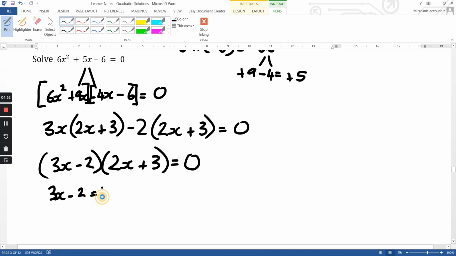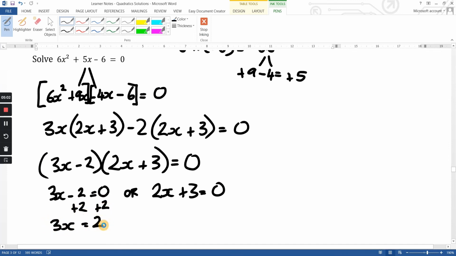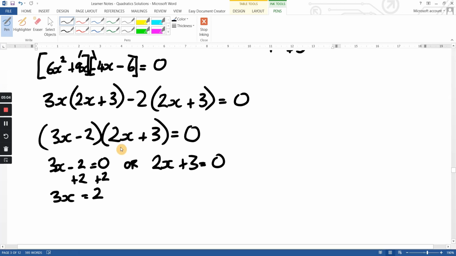So either this is equal to 0 or this is equal to 0. That's plus 2 here. So my first answer is 2/3. And my second answer is minus 3/2.